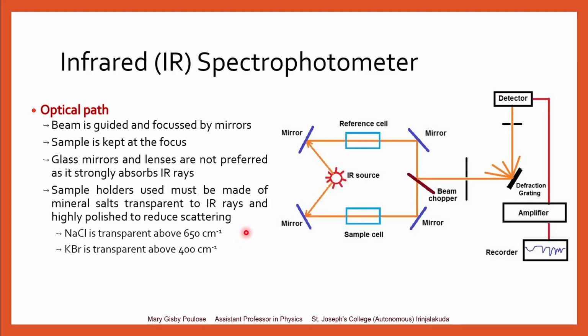If we are using sodium chloride salt to make the sample holders and mirrors, we can see that it is transparent above 650 centimeter inverse. And potassium bromide is seen to be transparent above 400 centimeter inverse. If we use glass as holders or mirrors, it will absorb these radiations.